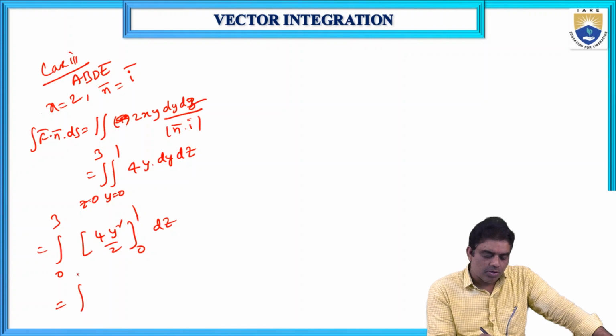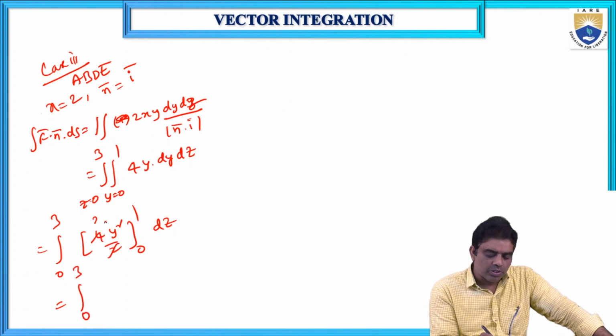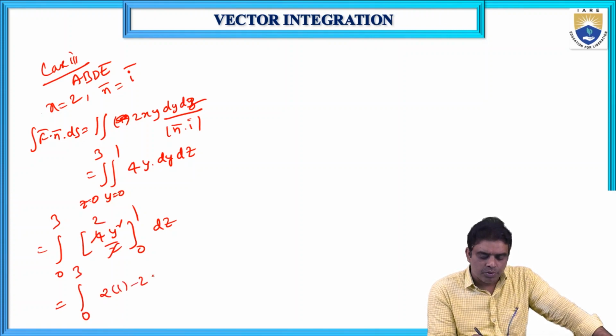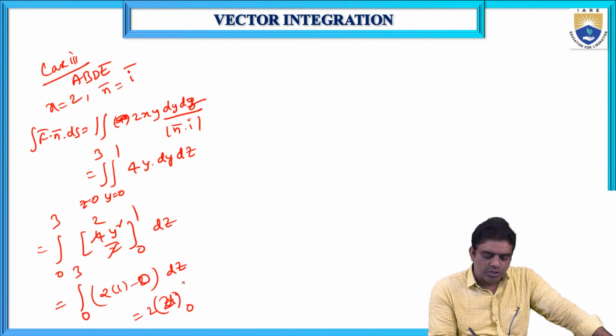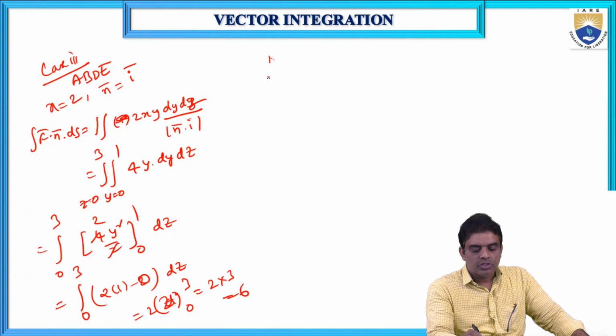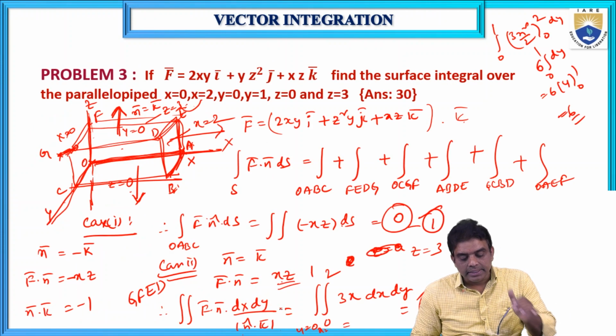That is integral 0 to 3 of 2 into 1 minus 2 into 0 dz. So that is 2 into integral dz, z between 0 and 3, that is 2 into 3, which is 6. So case 3 value is also 6.